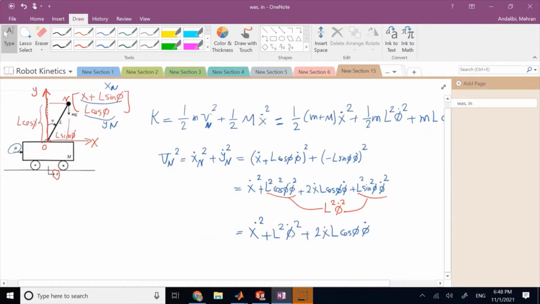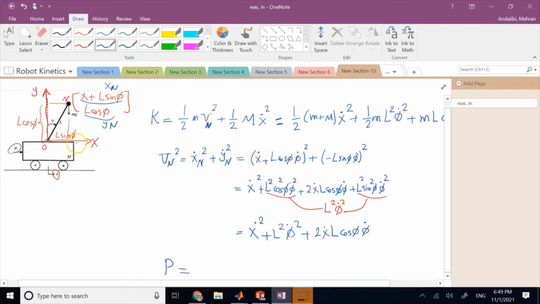The potential energy here clearly comes only because of the pendulum, because the center of gravity for the block does not go up and down. So it is only because of change in the position of the pendulum.